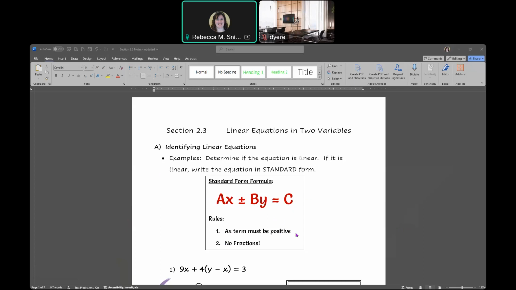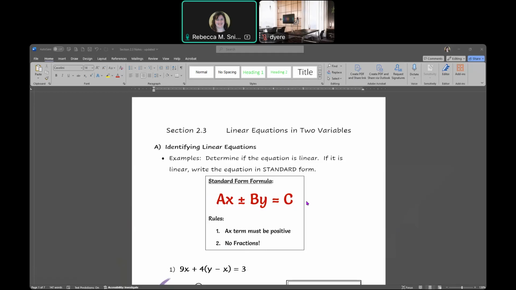The first one is that your ax term, this front term here, must be positive. So if it's negative, you need to take care of that negative by moving it to the other side. The second rule is the big one. This says absolutely no fractions. So a, b, and c must be whole numbers in order for your standard form to work.